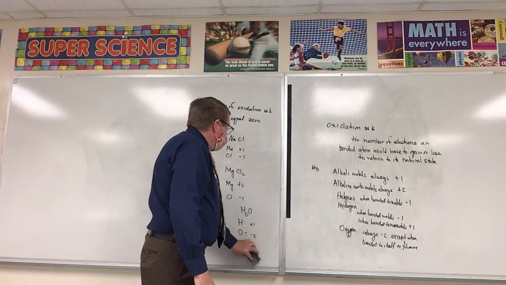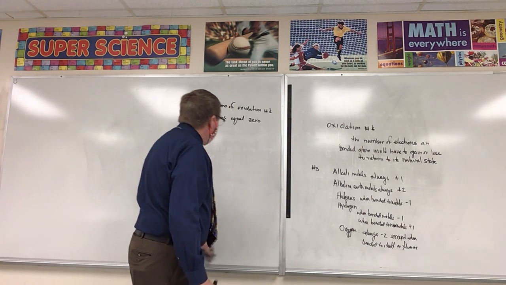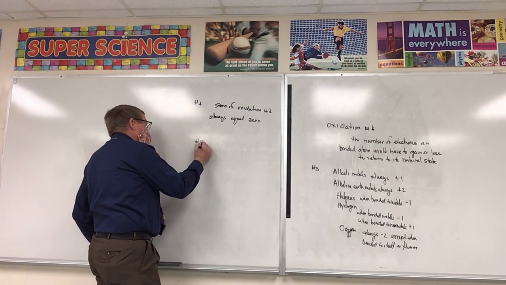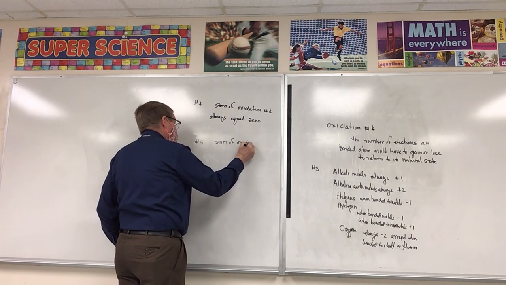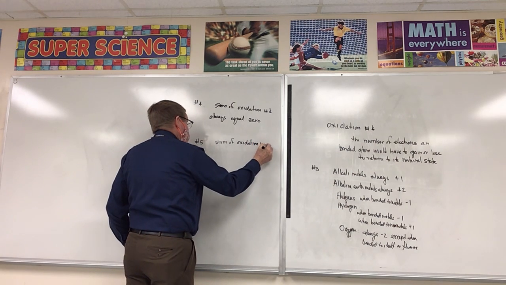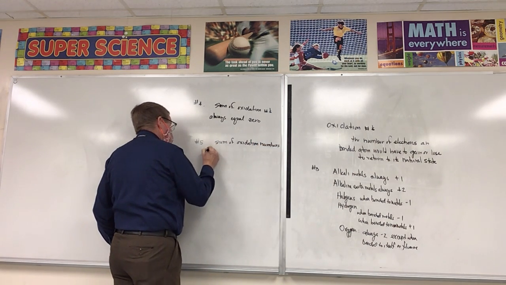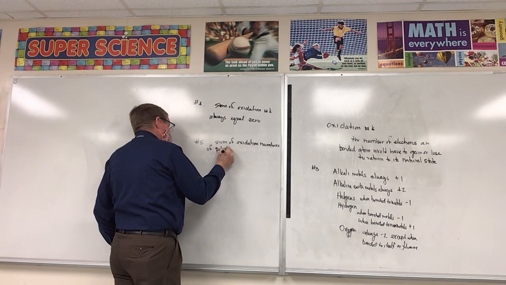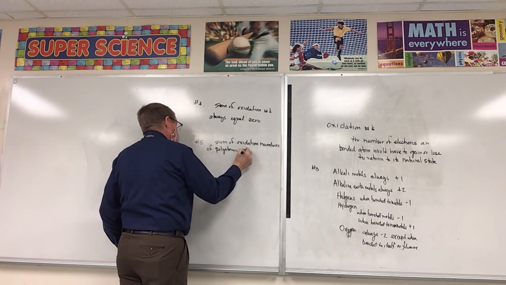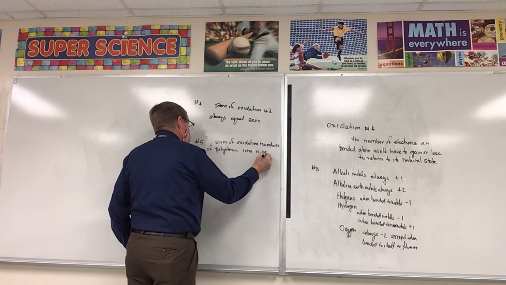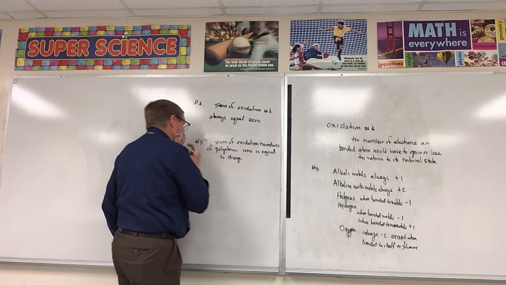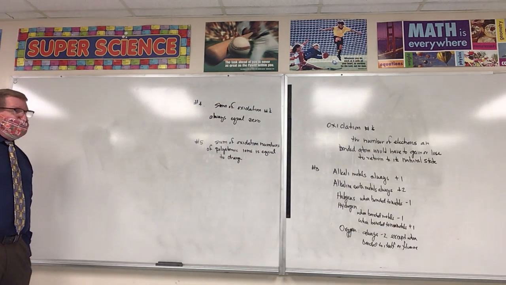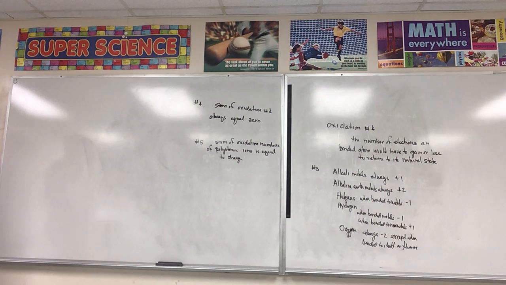Rule number 5. The sum of the oxidation numbers of polyatomic ions is equal to its charge. It's equal to its charge.